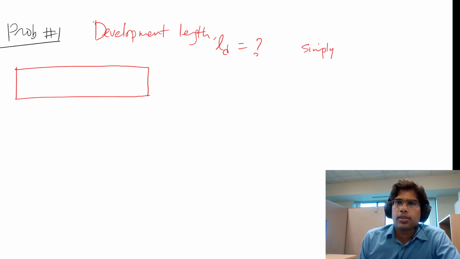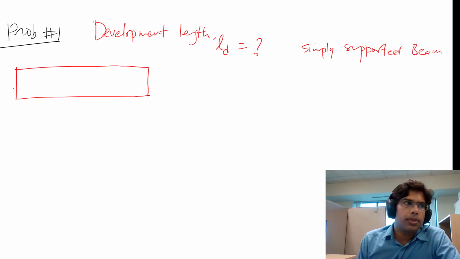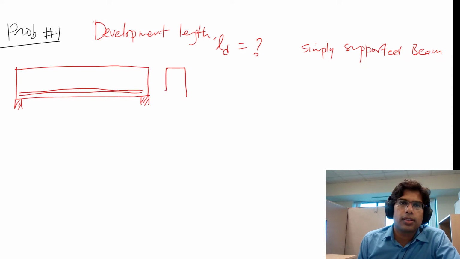Simply supported beam. And the steel rebar, and there's a column, and there are two layers of steel rebar, and the cross section is like this. 1, 2, 3, 4, 5. 1, 2, 3, 4, 5.